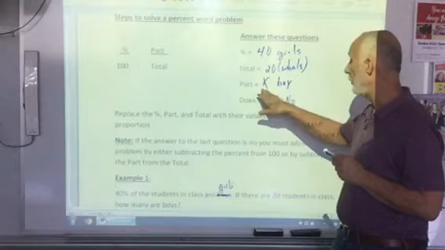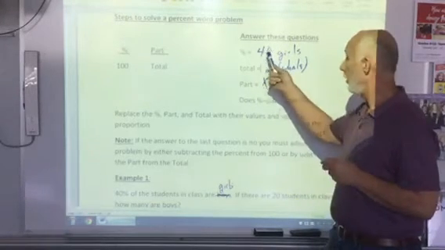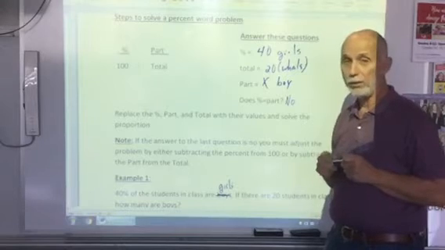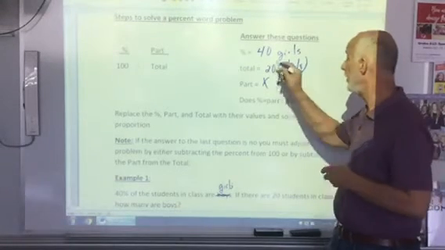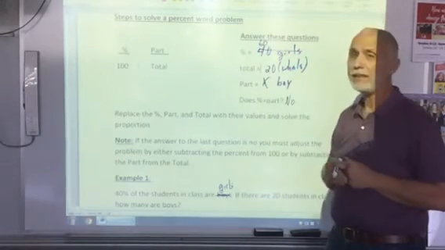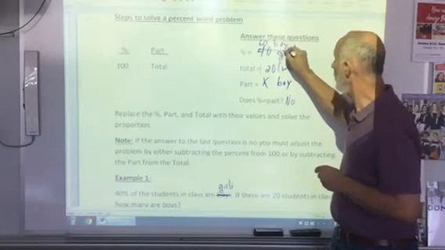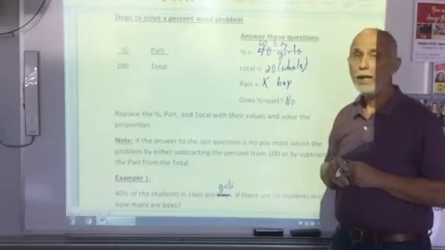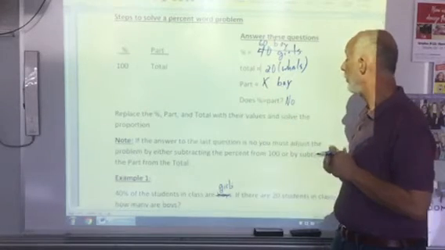Since I don't even know what the part is, I can't subtract the part from the total. But I do know the percent is 40% girls. So if I subtract the 40 from 100, I get 60. And that 60 is now boys, because if you're not a girl, you're a boy. And again, if 40% are girls, then that means 60% are boys.